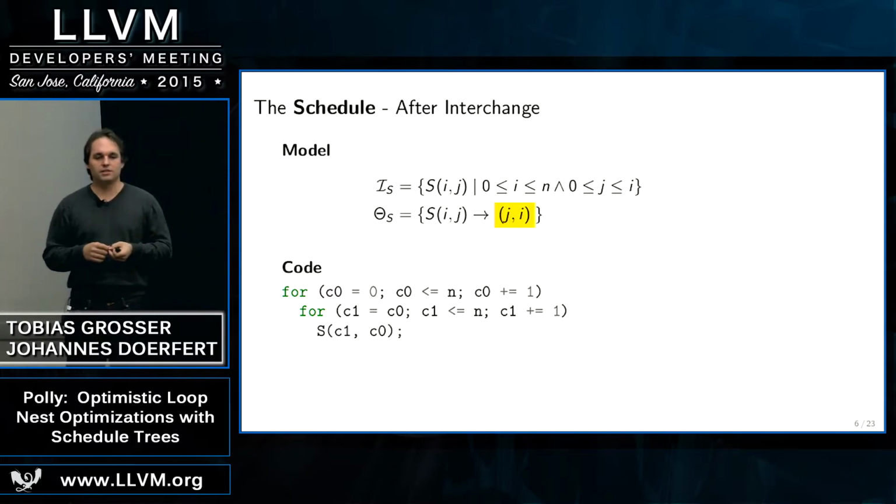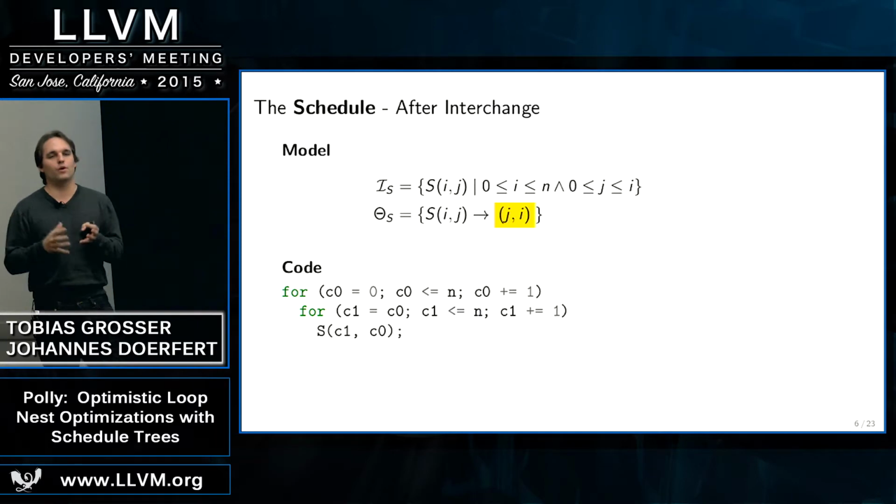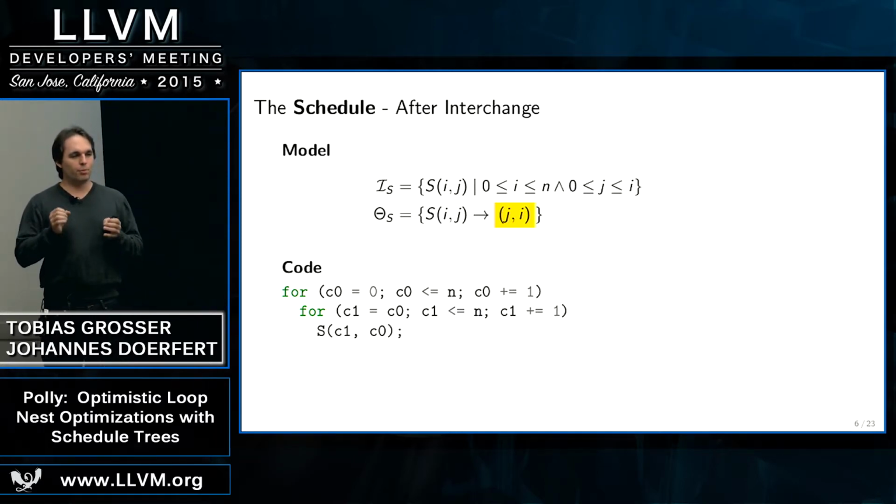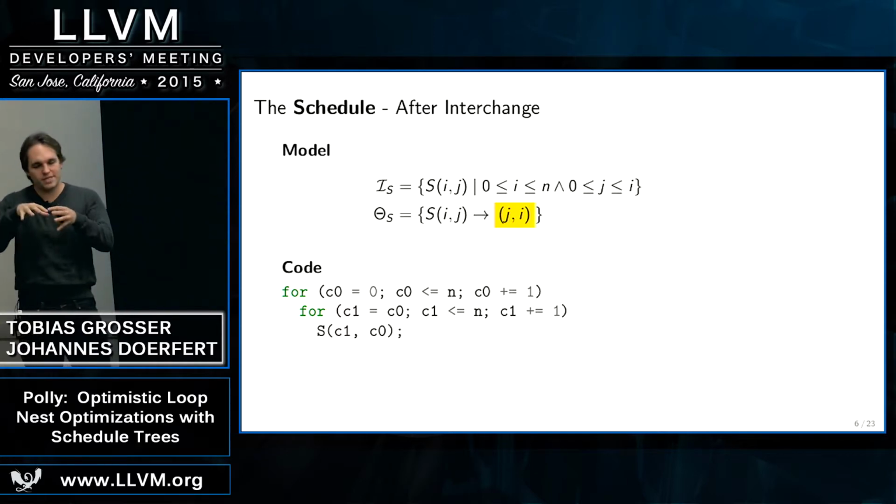And so I skipped the entire introduction of what Polly is, how it works in LLVM. So for you, in a nutshell, what Polly does is to make the connection between this higher level model and the actual LLVM IR. So what Polly does, it reasons about LLVM IR.